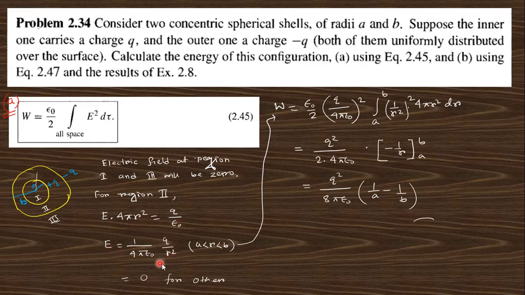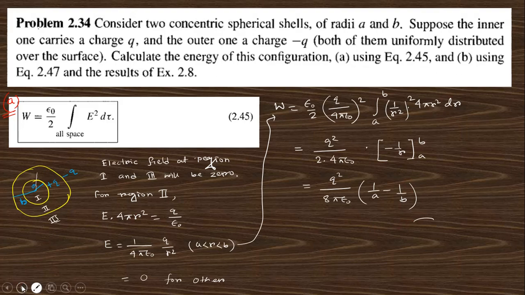Within that region the electric field will be this, and for the other regions the electric field will be 0, right? So the work done will be epsilon naught by 2 times E squared. E is non-zero only in that region, so from A to B, squaring and integrating, you will get this answer. Clear?